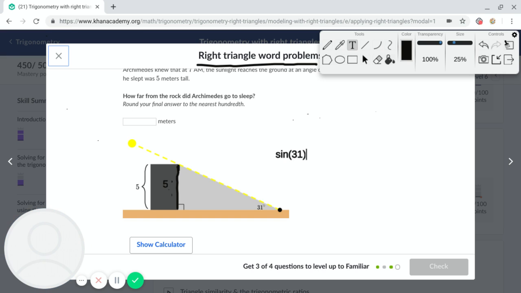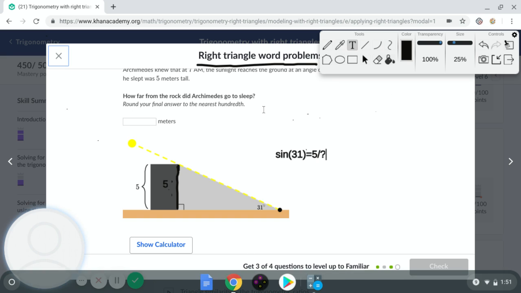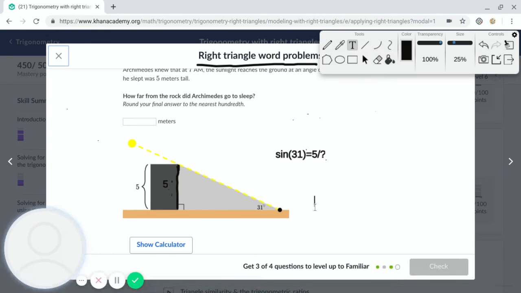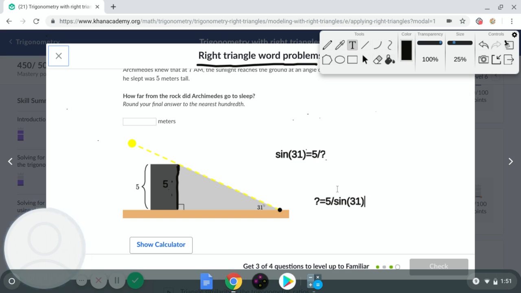Okay. 31, okay. Yeah. 5 over the mystery number. All right, so now we're going to have one of those examples. So pretty much what you do here is you bring the question mark on this side, and you have the number get divided by the sine of 31 degrees in this case. So it looks like this.